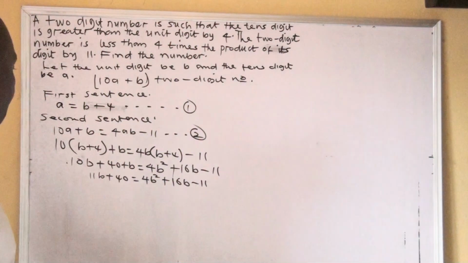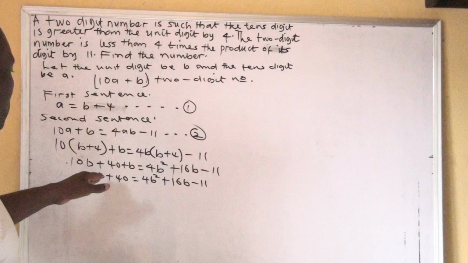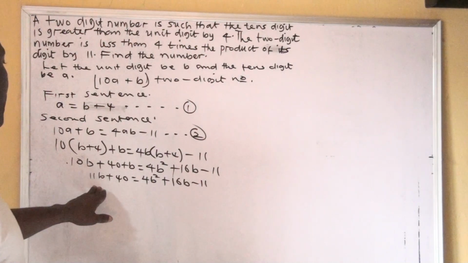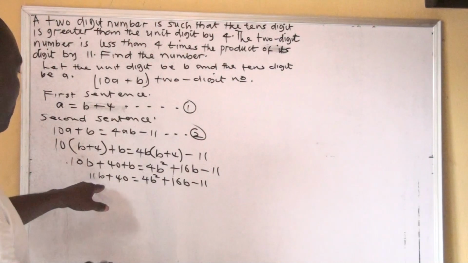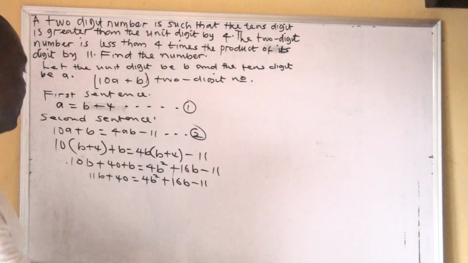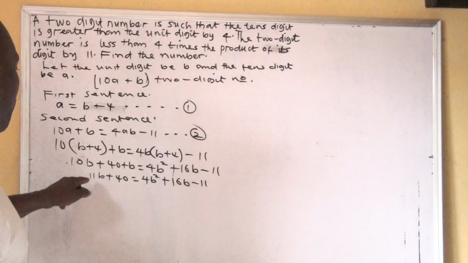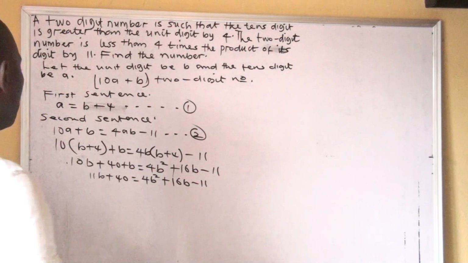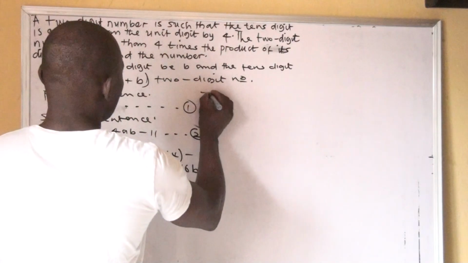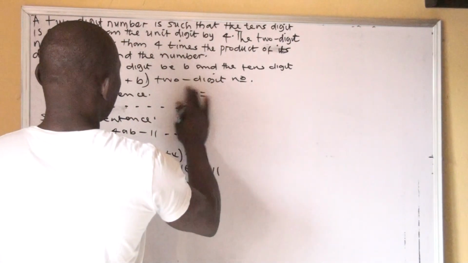Here we're going to collect like terms. We'll move all the terms on the left hand side to the right hand side. Plus 11B moving to this side becomes minus, so the left becomes 0.